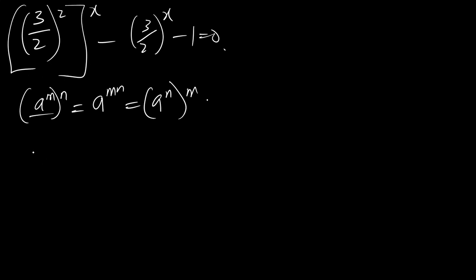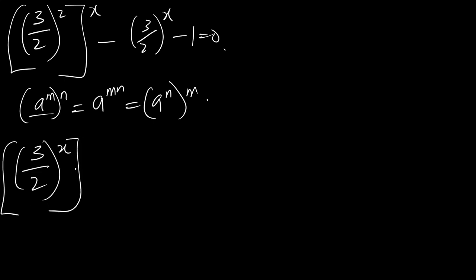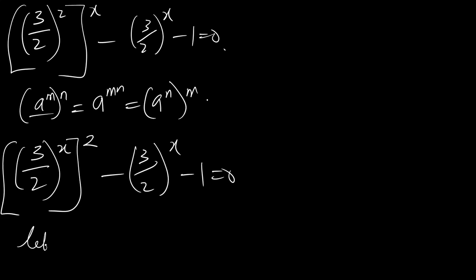You have 3 over 2 all to the power x, all to the power 2, minus 3 over 2 all to the power x minus 1 is equal to 0. Now if you look at this, let p be equal to 3 over 2 all to the power x.